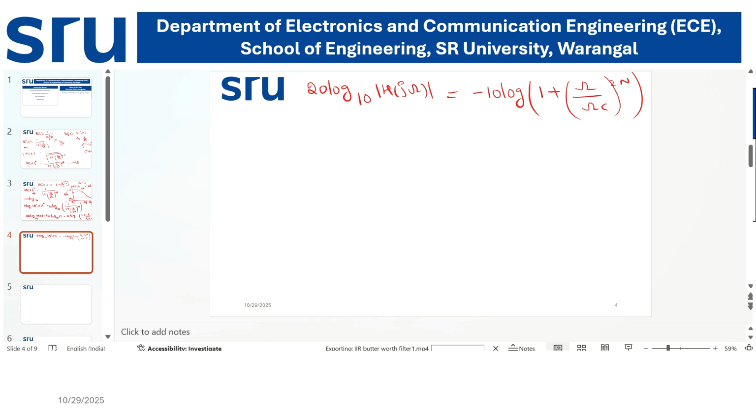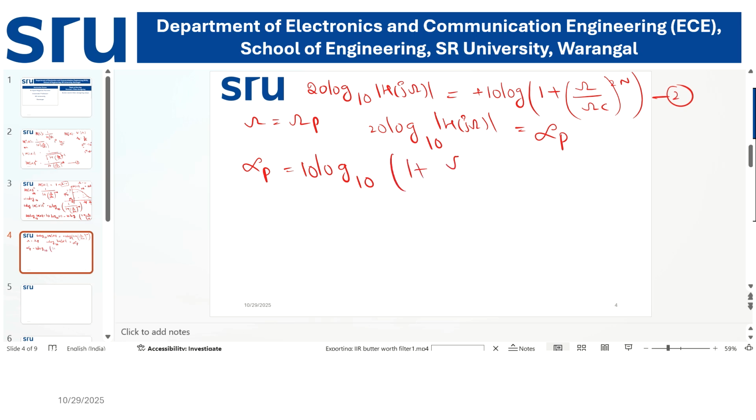Now at omega equal to omega p, what is this 20 log base 10 in dBs? It is equal to the passband attenuation. If I substitute the same in equation number 2, then I have alpha p equal to 10 log base 10 of 1 plus (omega by omega c) whole power 2n.